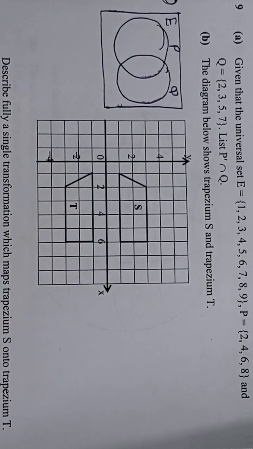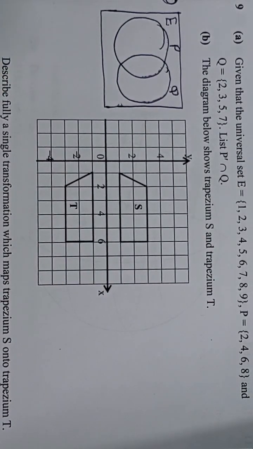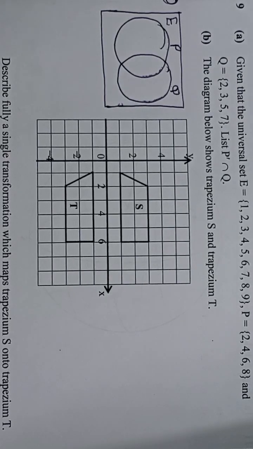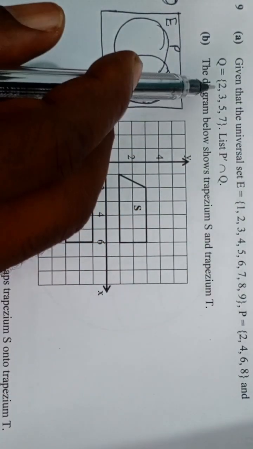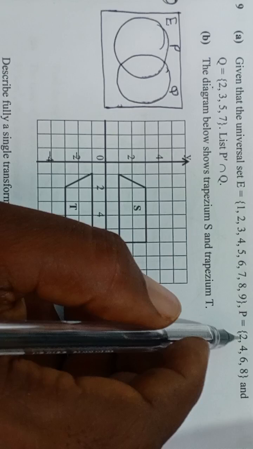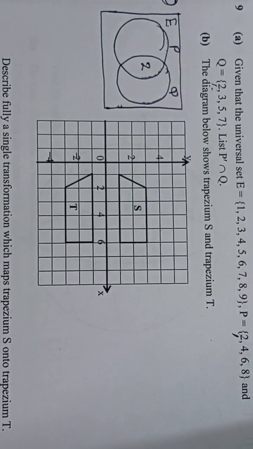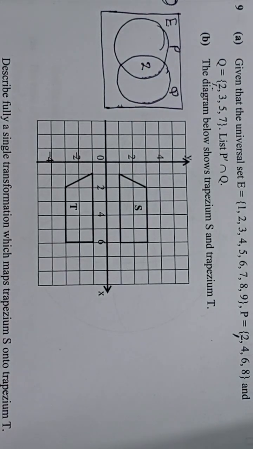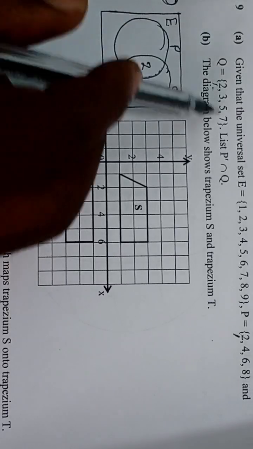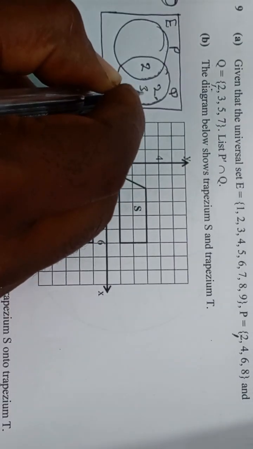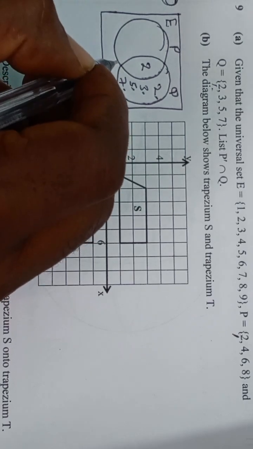The first thing we are going to check is the elements which are in either set P or Q. So here, set P and set Q. We have 2, so 2 is there. What else? Nothing more. Then for set Q, we remain with 3, 5, 7.